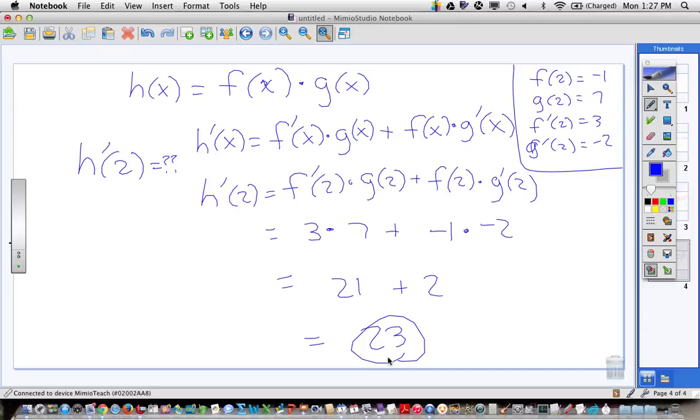Well, how do you tell? You find h prime at 2. So we go through all these steps. Oh, it's positive. So you'd answer the question, yes, h is increasing at 2 because h prime is positive at 2. So you use the chart and that kind of thing. So it connects back to the stuff we learned in chapter 1 and chapter 2 with the chart. Okay? All right, so there'll be some of those kinds of things using the product rule on the homework.